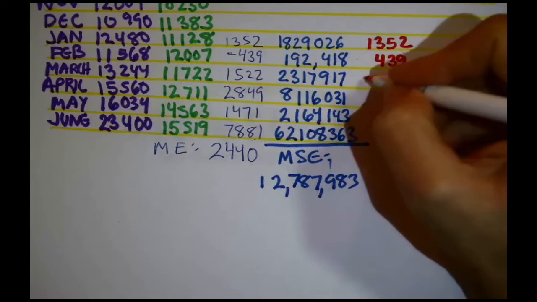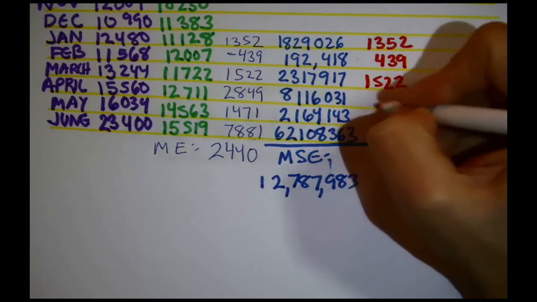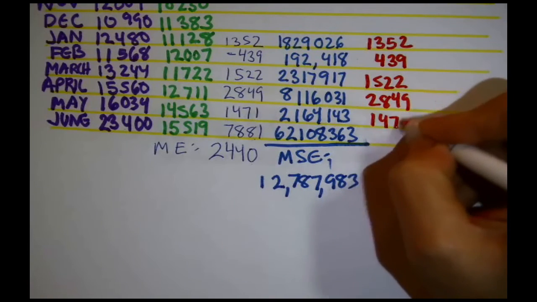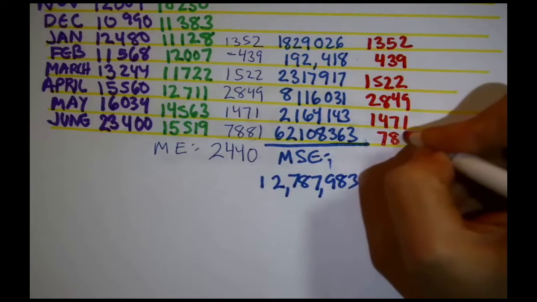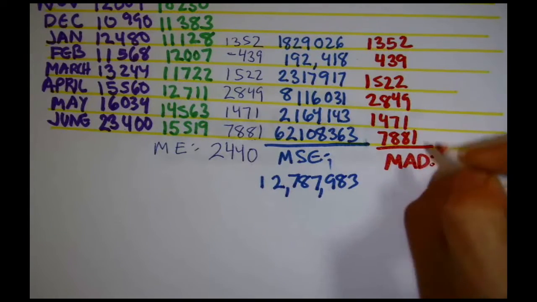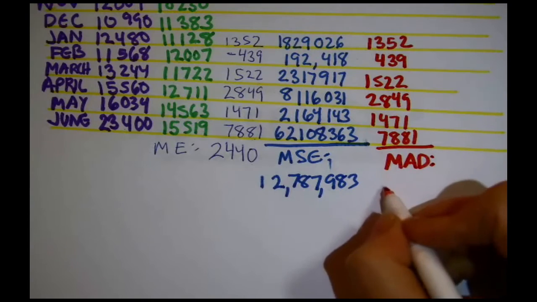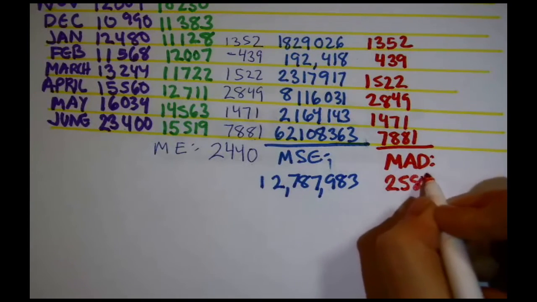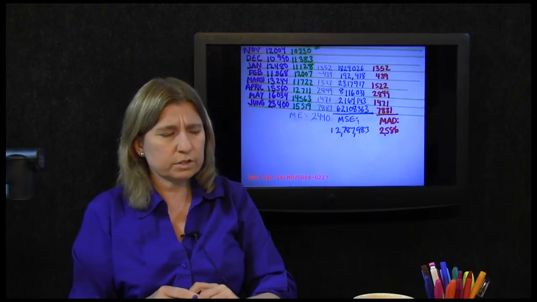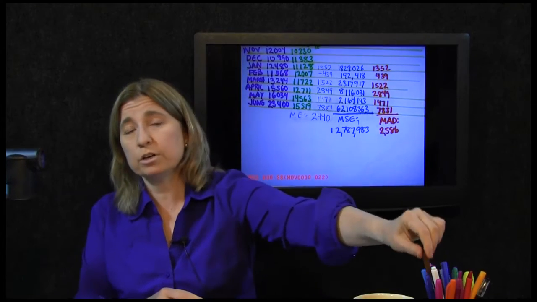Everything else is straight copying. 1,471 and 7,881, for a mean absolute deviation of 2,586.